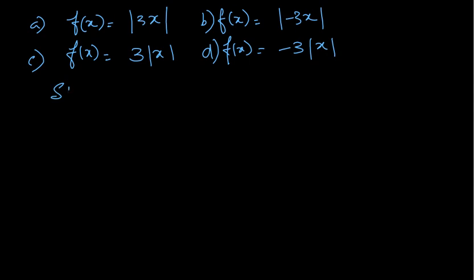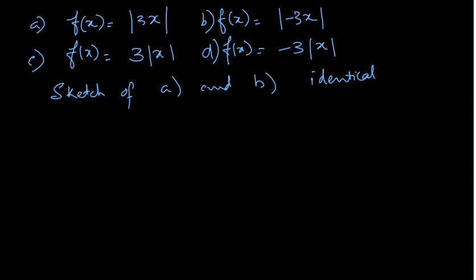When you sketch A, B, C, D, the sketch of A and B is identical, no change, because whatever is negative inside automatically becomes positive, therefore there is no change.